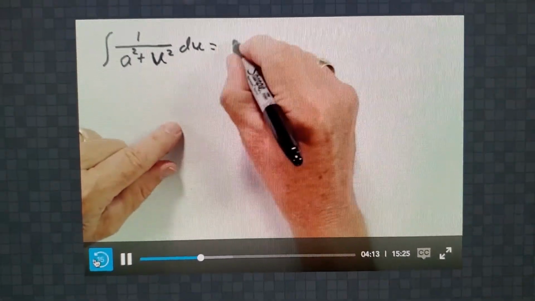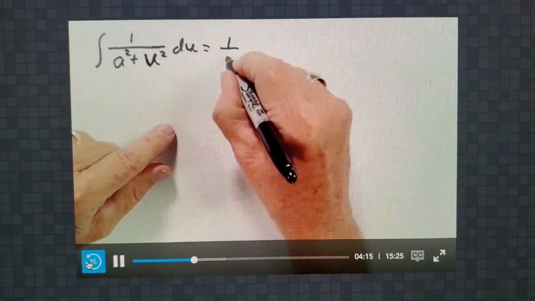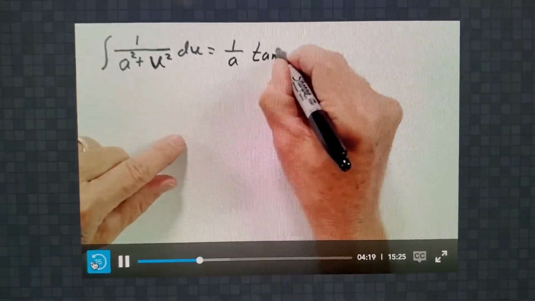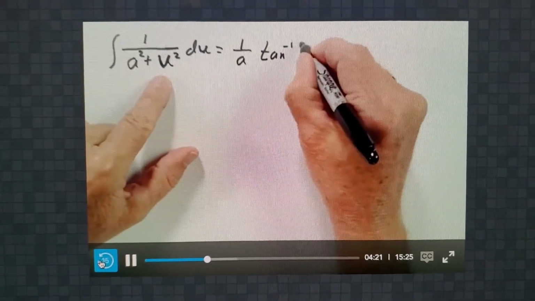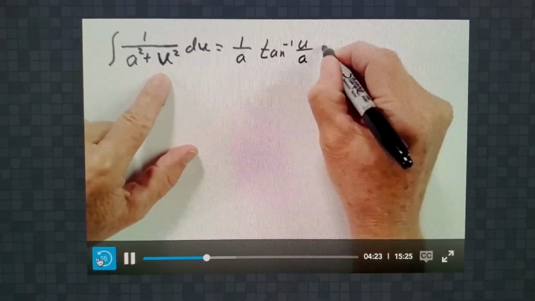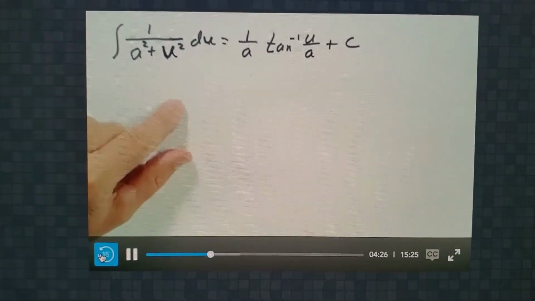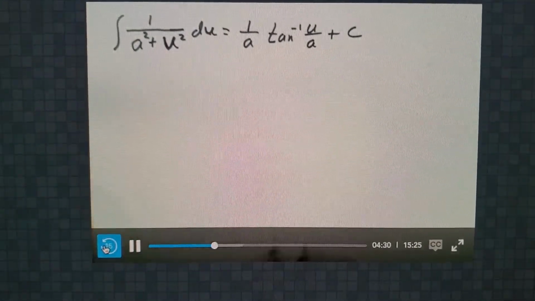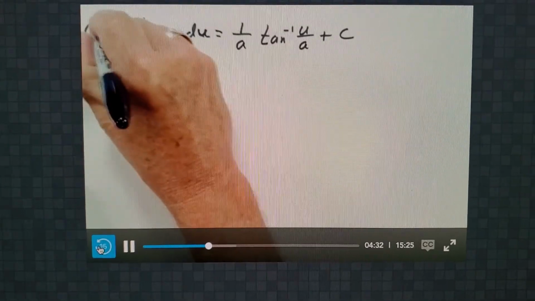We just showed that that's equal to 1 over this constant times the inverse tangent of u over a. Now we're going to do some examples in a minute, but I'm going to call that formula number 1.